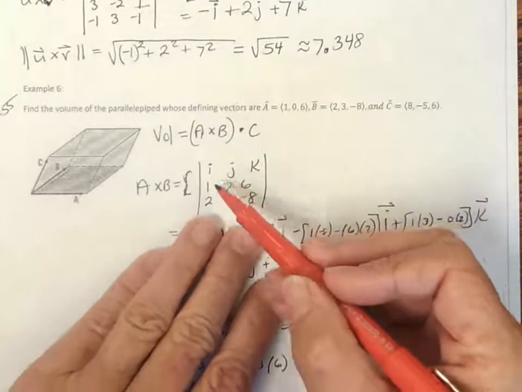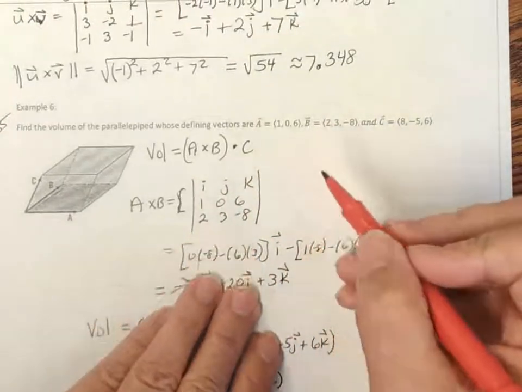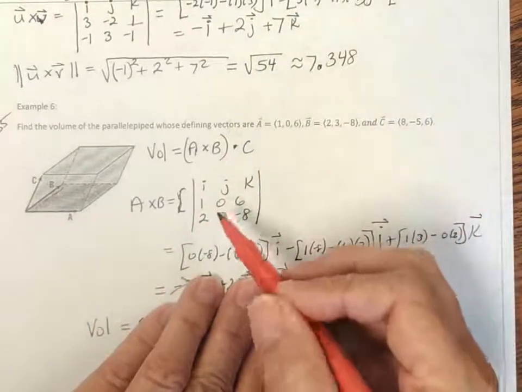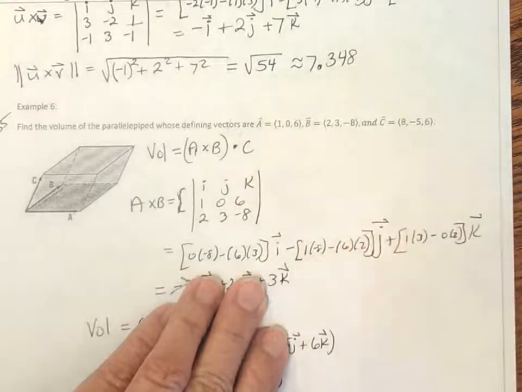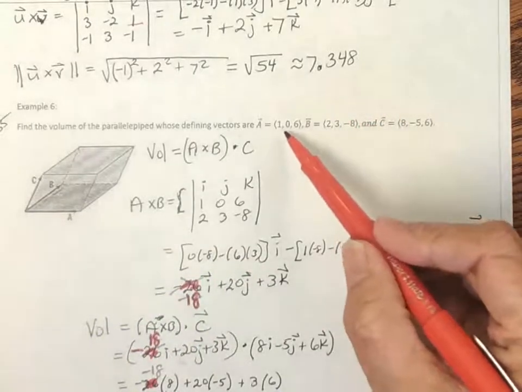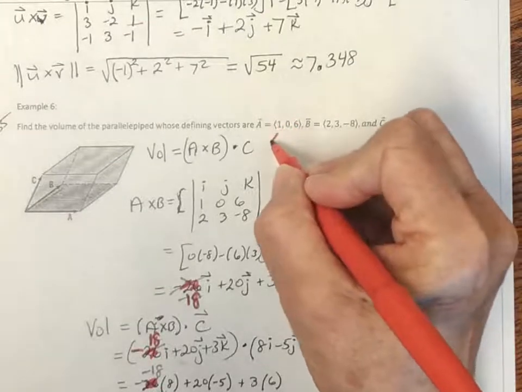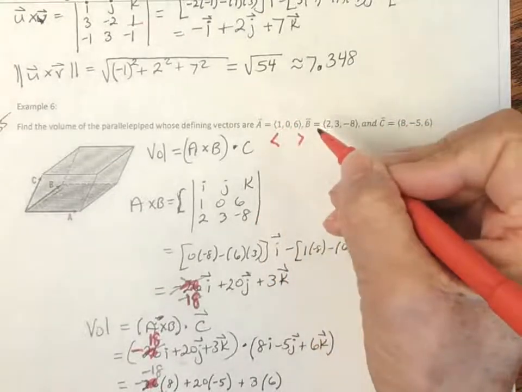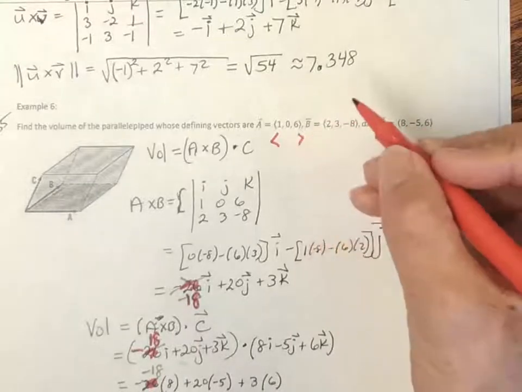So that's the way we're going to approach this. The first thing I've got to do is A cross B. Vector A I've got defined here. And notice the little triangle things around it. Again, that's just another way of writing a vector without having to write the unit vectors of i, j, and k.